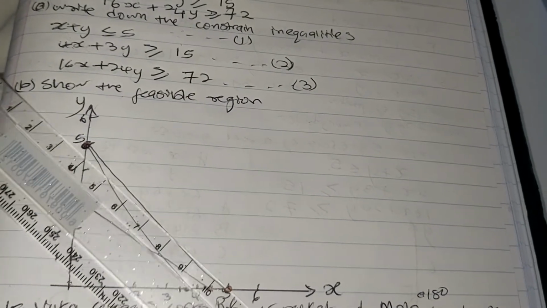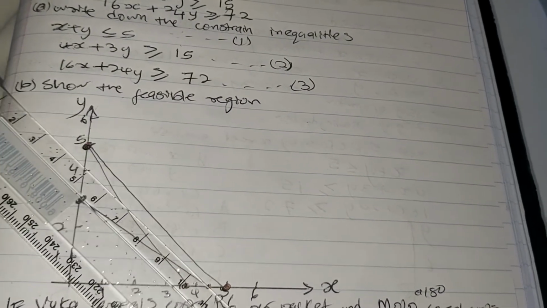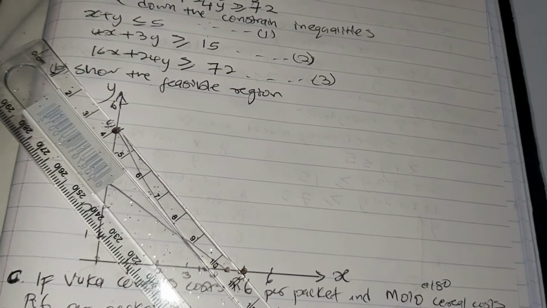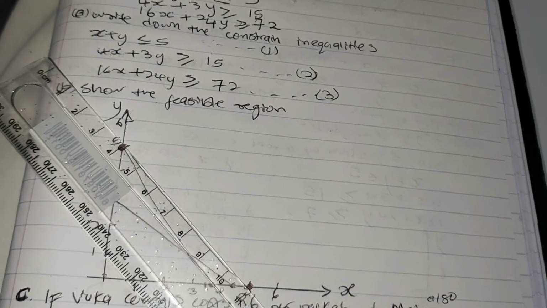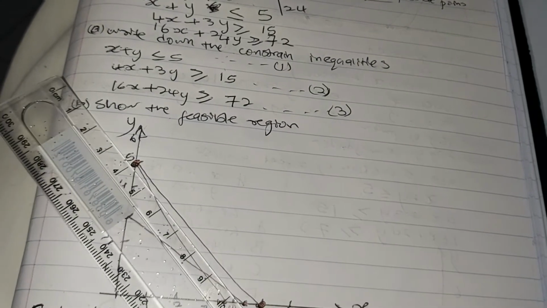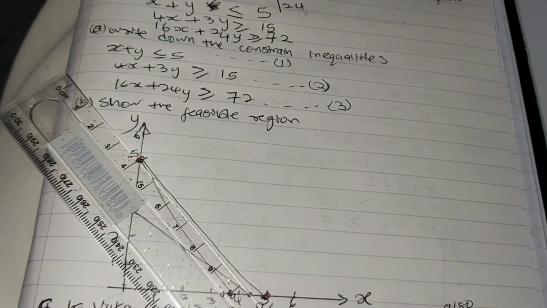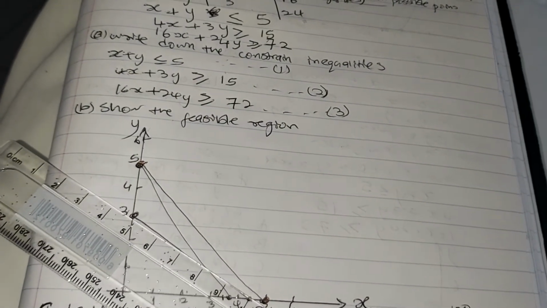From equation 1, this is the graph where it's cutting at 5 and 5, right? There is the graph for equation 1. It says x plus y must be less than or equal to 5, so it's below this graph. Then equation 2, the graph was this one.